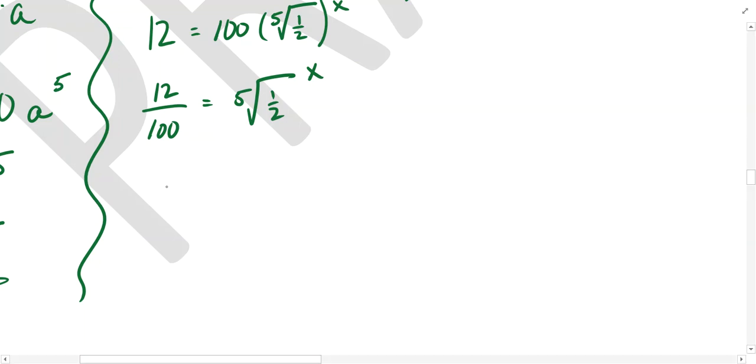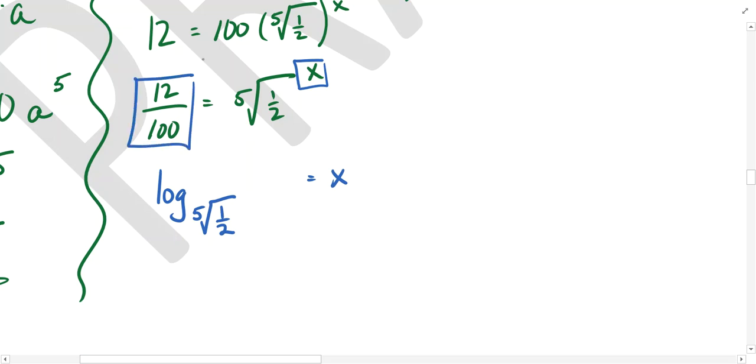So I'll recall that the definition states that the base of the exponent becomes the base of the logarithm. So I'll use a logarithm with a base of the fifth root of 1/2. The input, the variable of our exponential, becomes the output of our logarithm, and the output of our exponential, the result of our exponential, becomes the input of our log.